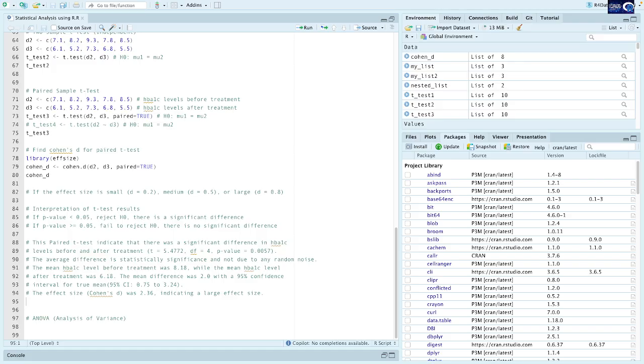The car library provides basic regression functions for model diagnostics, and for those things we are using the car library.